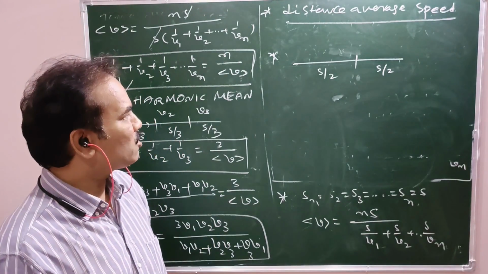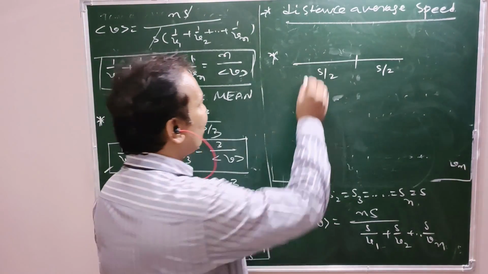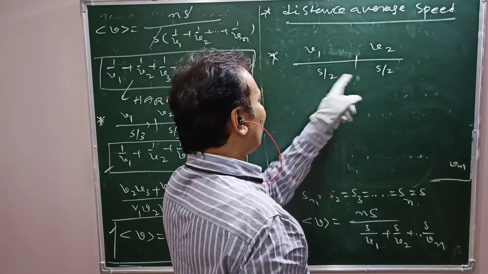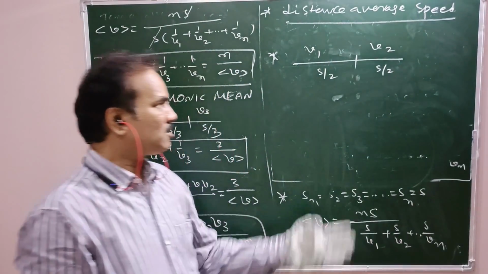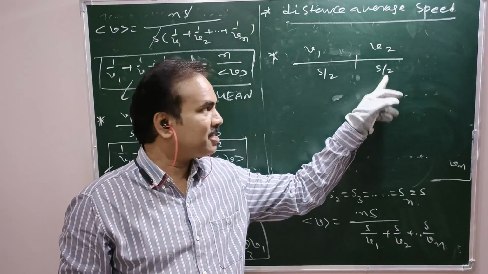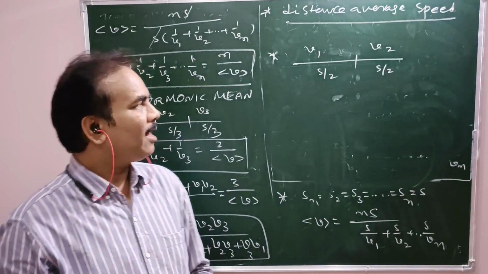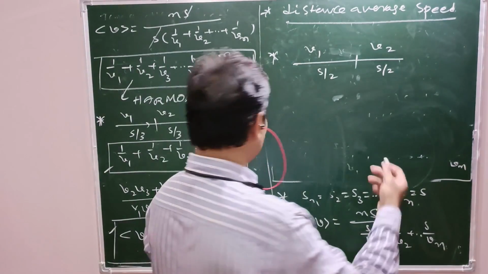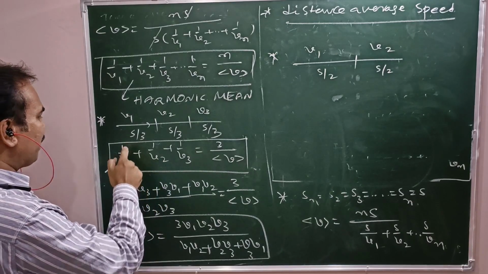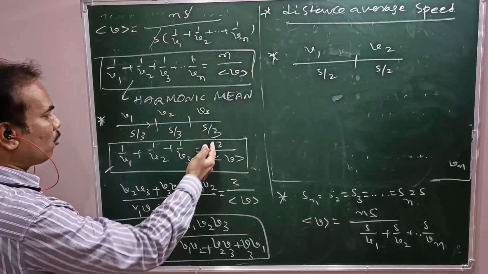Here the particle moves with V1 and V2 to cover successive equal distances. So the first half of the distance with the speed v1, the next half of the distance with the speed v2. Now what is the average speed? Take this expression into consideration: 1 by v1 plus 1 by v2 equal to 2 by average speed.